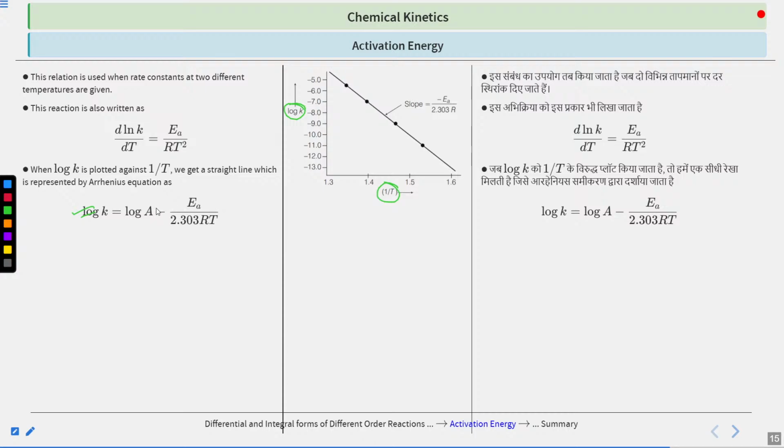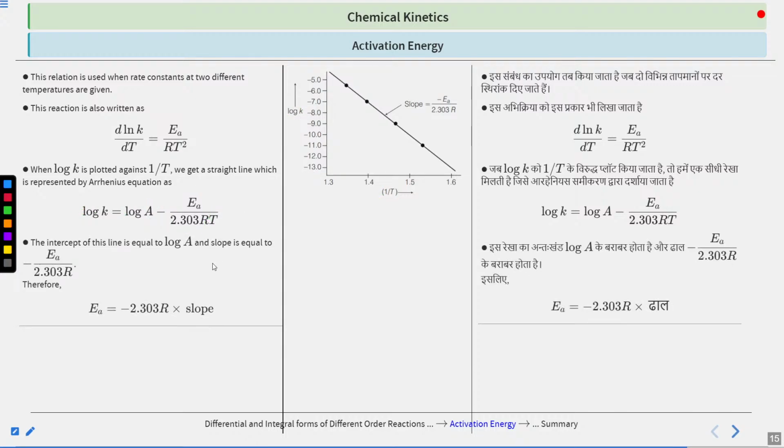You can see very clearly that this is your mx and it is negative, and this is the intercept. Means if you calculate the distance between this and this, then this distance is equal to what? Log A value. And if you know this, you can calculate your A from here. Further, your Ea can be calculated by multiplying the slope of the given curve with minus 2.303 R. You can easily get your Ea value.